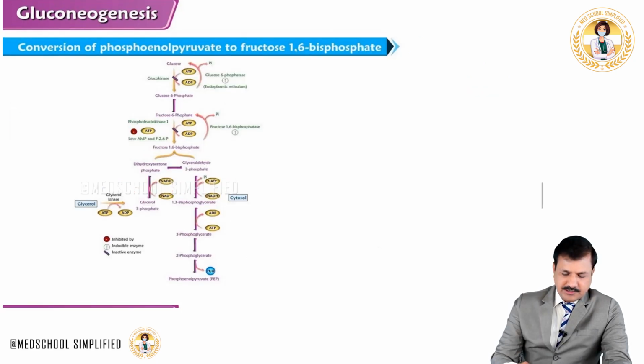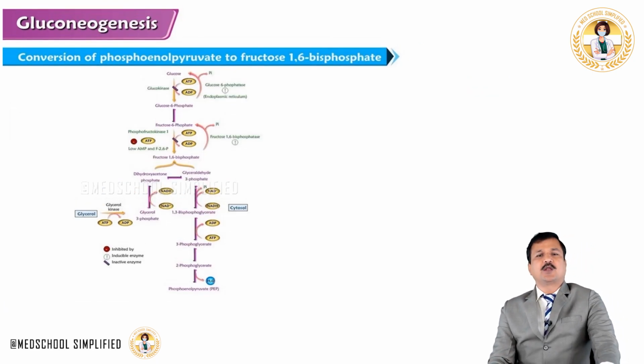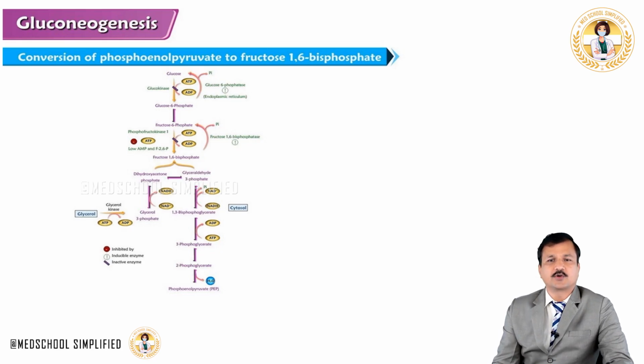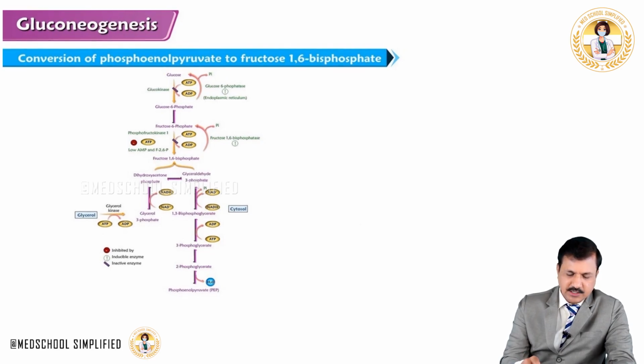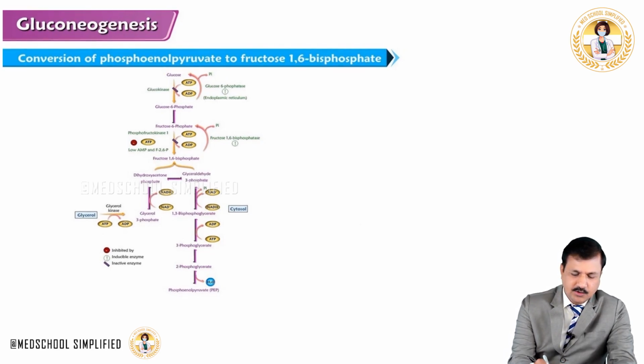Now let's move on to see how to take phosphoenol pyruvate into fructose 1,6-bisphosphate. So the pathway that is shown here is the conversion of phosphoenol pyruvate into fructose 1,6-bisphosphate.